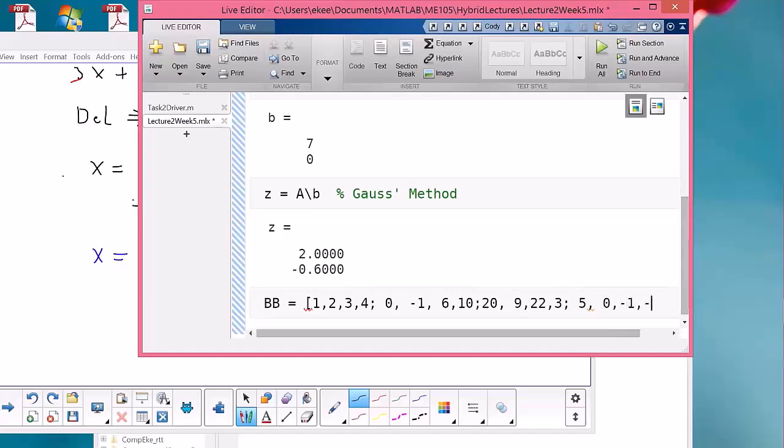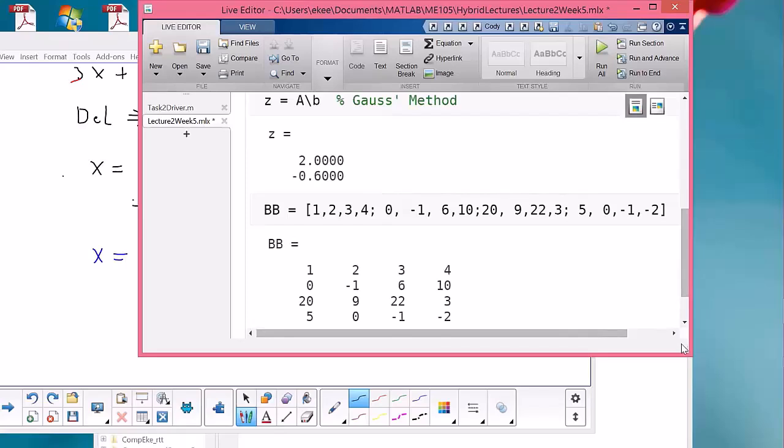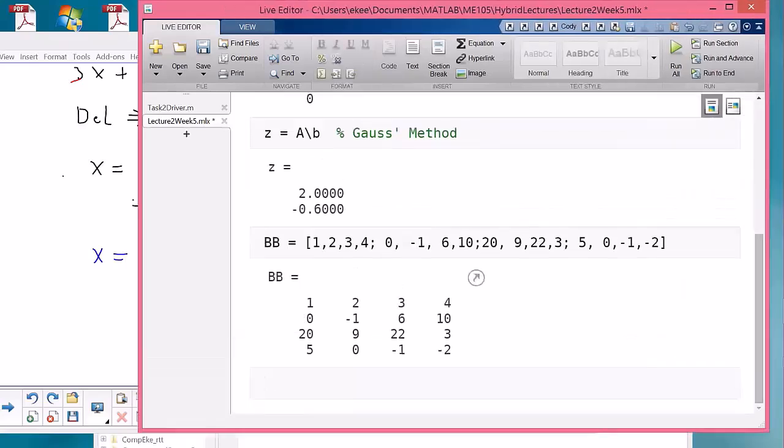I'm not sure, in fact, what the solution will be. I'm just creating something. Let me run this script first to make sure that I have a 4 by 4, before we continue. So I've created some arbitrary matrix.